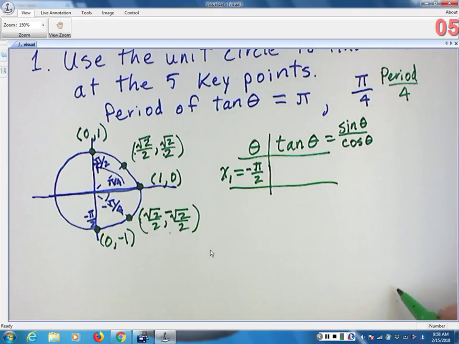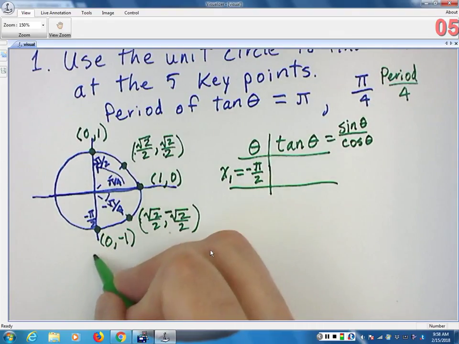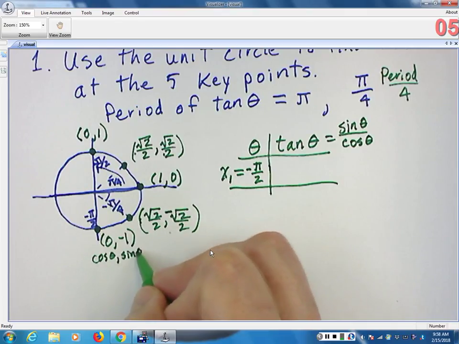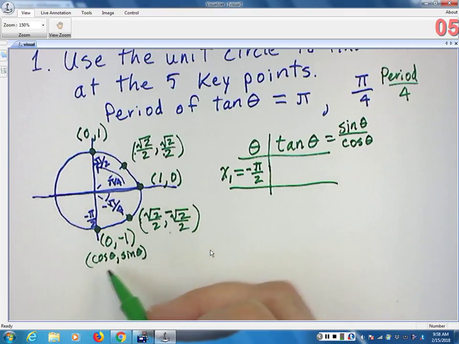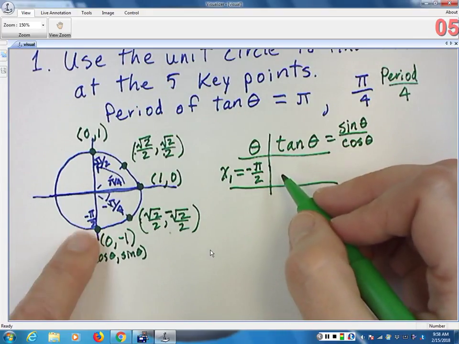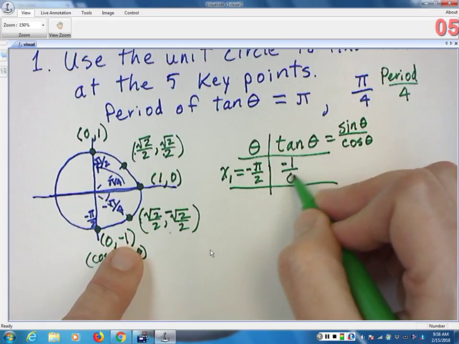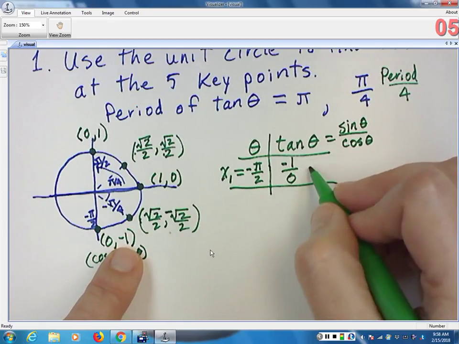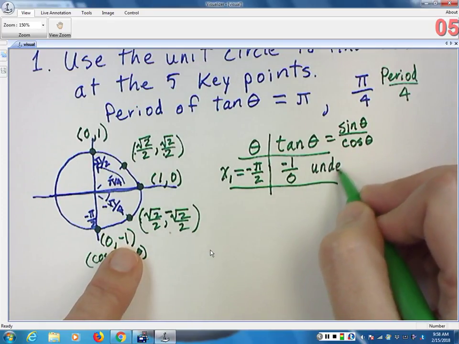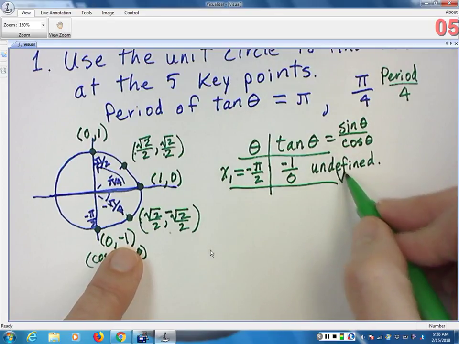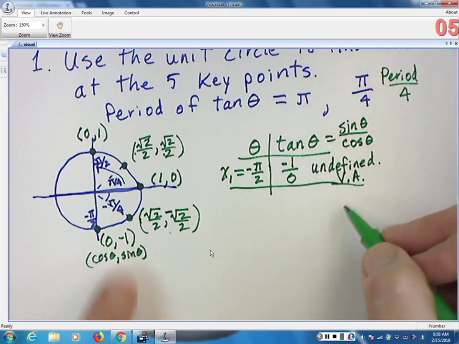On a unit circle, this is cosine and this is sine. So at minus pi over 2 we have minus 1 over 0 and it's undefined. It's actually a vertical asymptote, VA.